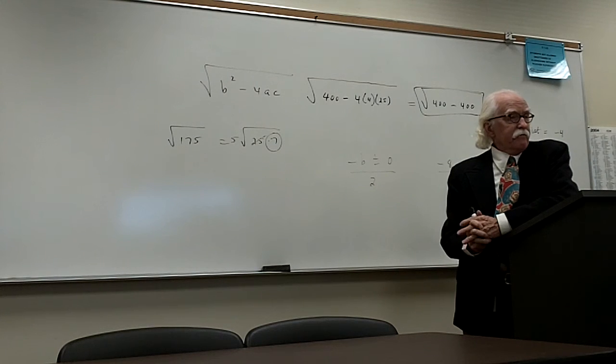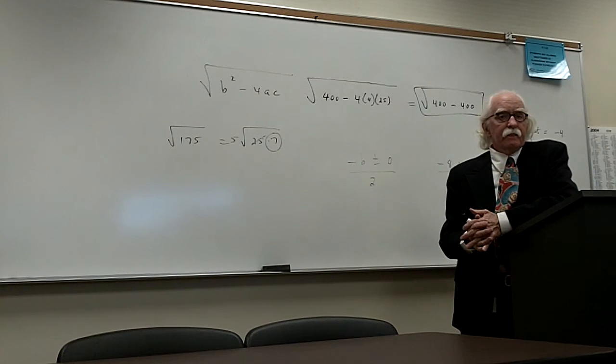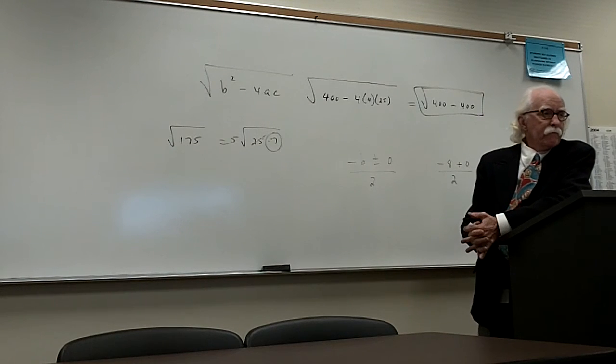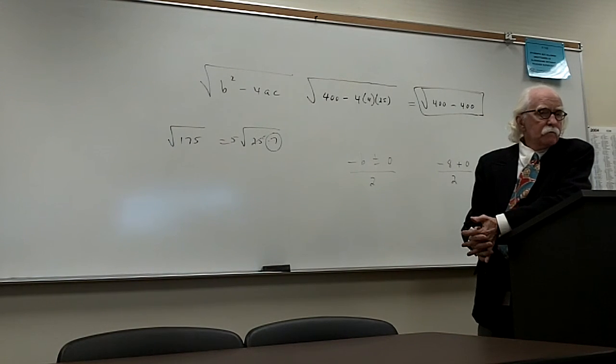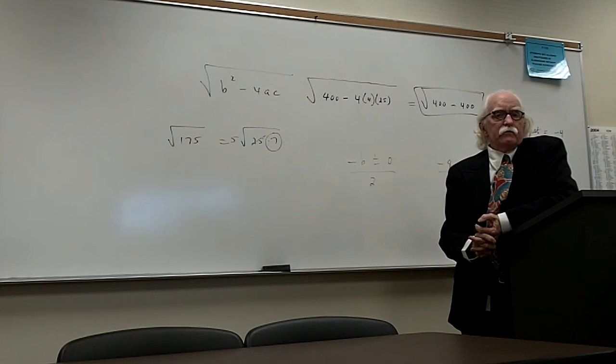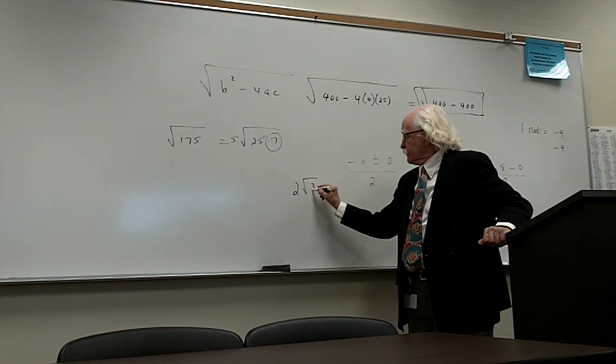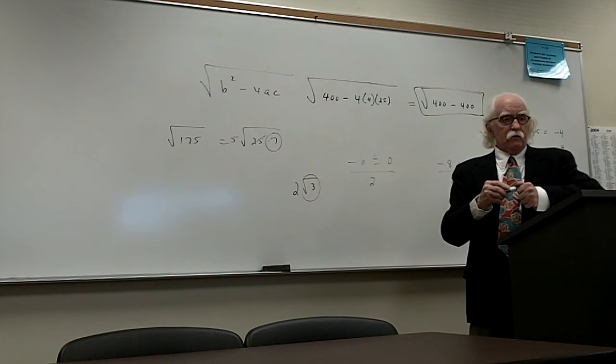Square root of 11, square root of 5, square root of 3, square root of 2. Is the square root of 12 irrational? Yes, because it's 4 times the square root of 3. It's actually 2 times the square root of 3. And you know the square root of 3 is irrational.